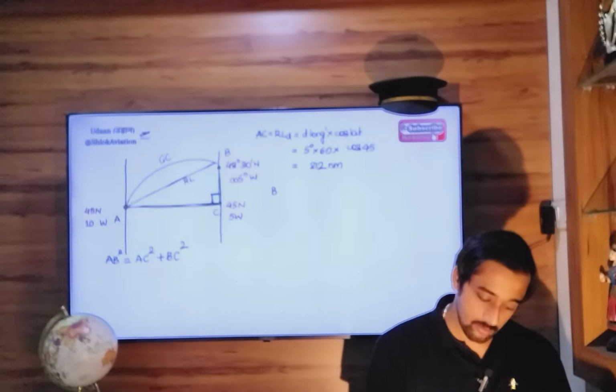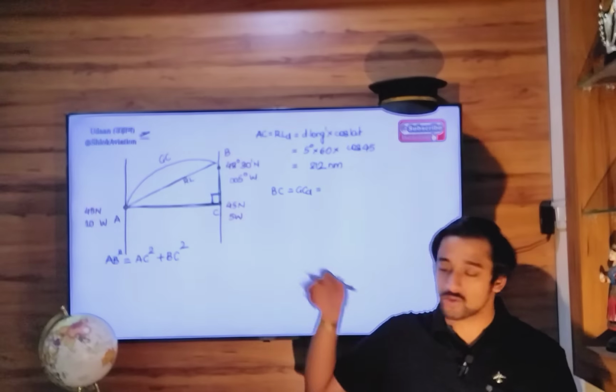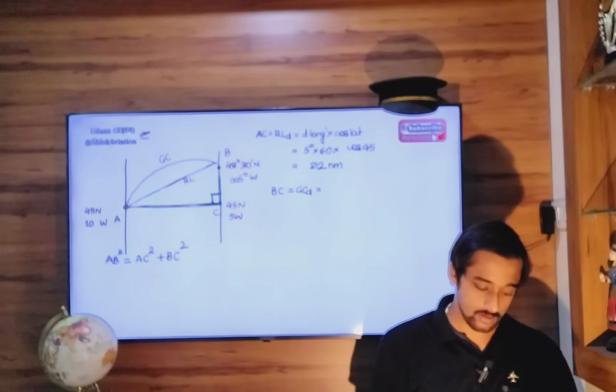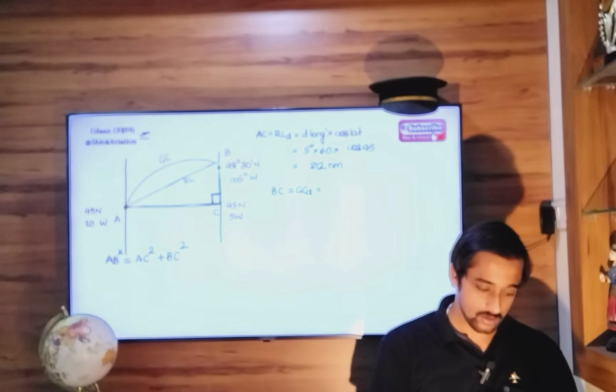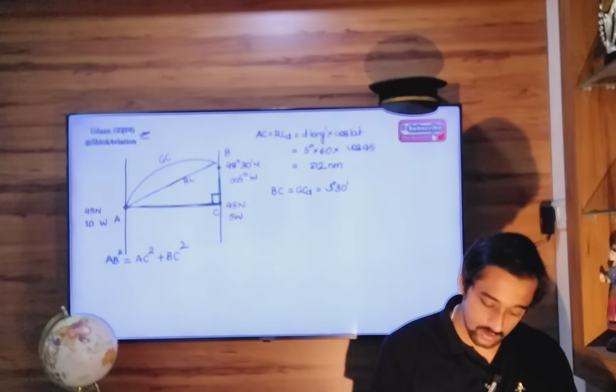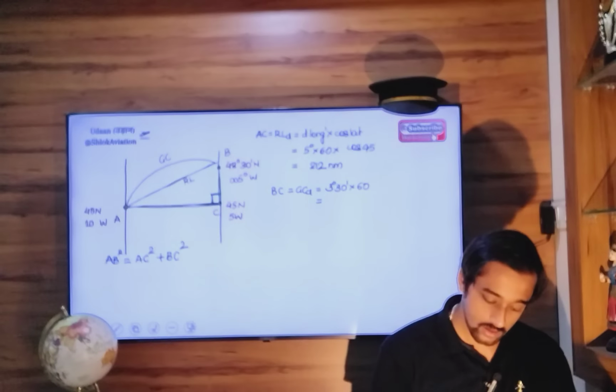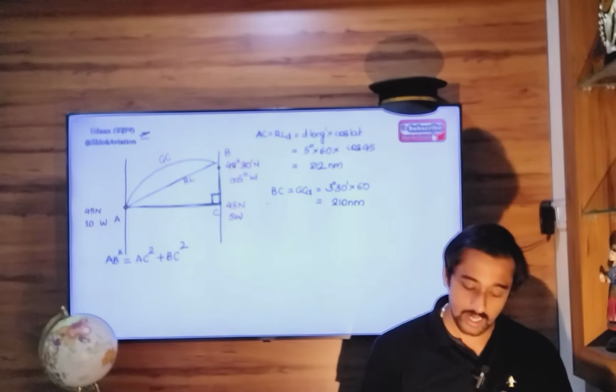Next, BC will be the great circle distance, which is equal to 48° 30 minutes north minus 45 north, is equal to 3° 30 minutes into 60, 210. So this is 210 nautical miles.